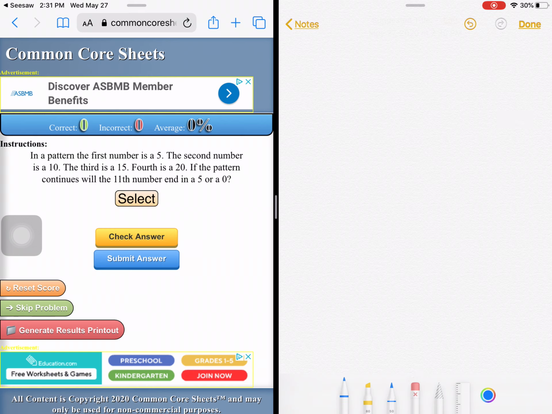So this next one says, in a pattern, the first number is 5, the second number is 10, the third number is 15, I bet you're already seeing a pattern, the fourth number is 20. If the pattern continues, will the 11th number end in a 5 or a 0?